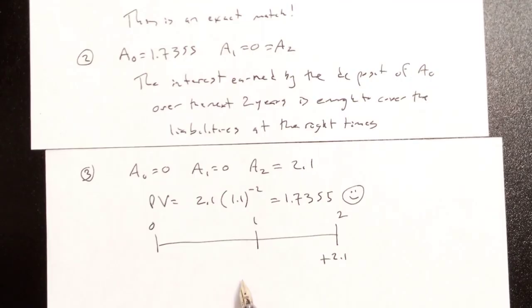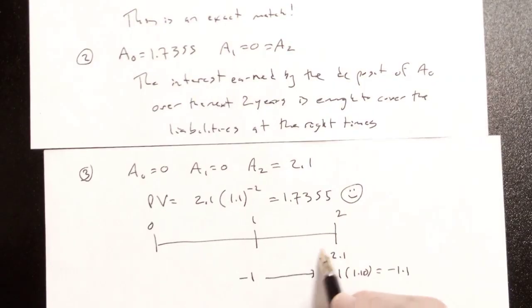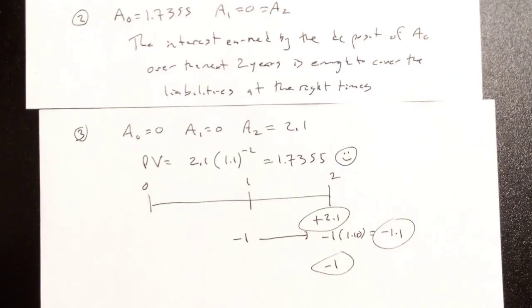So if I borrow 1 here, it's going to be worth negative 1.1 there, isn't it? I had to borrow the money. That's a count against me. That's negative. But then I also have to pay out 1 at this time. Look at this. My books balance exactly at time 2. They don't balance at time 0, but they balance at time 2.